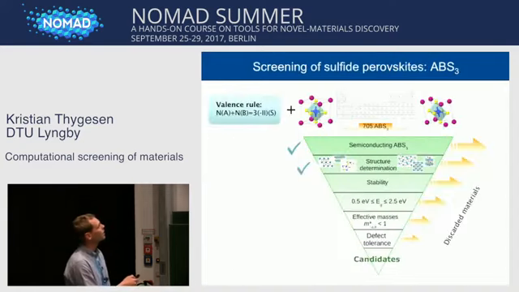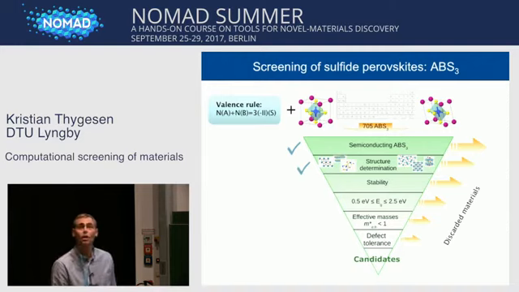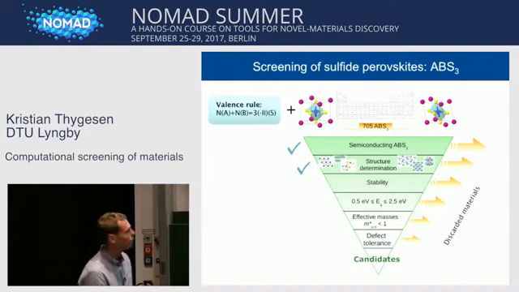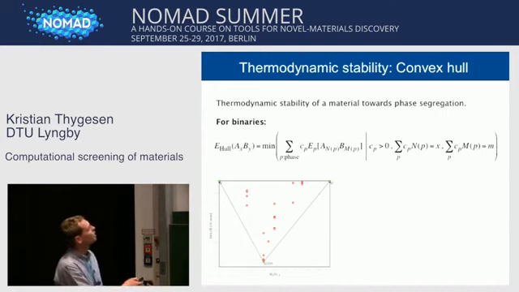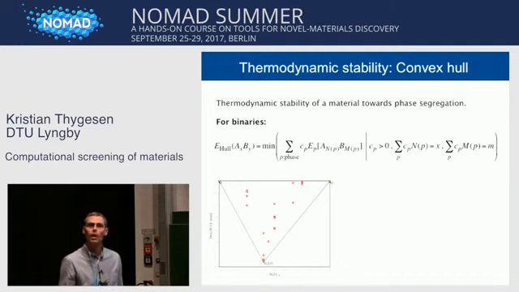Okay, so we did the check for semiconducting structures, we decided on which structures to use for the screening, and the next step is stability. The thermodynamic stability of a material is estimated using the convex hull, and you can see the formula up here for calculating it.